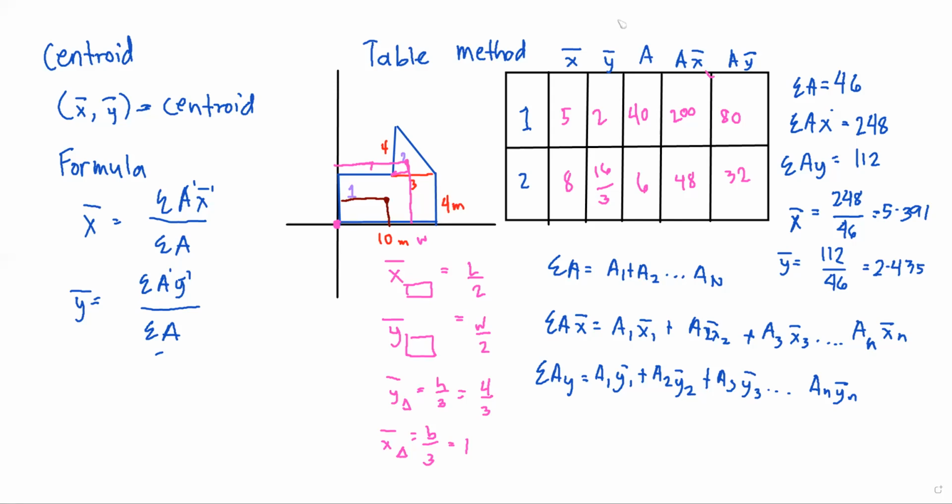Gamit tayo ng ibang kulay. Ito, green. So, kung 5.39, medyo lumiit lang siyang konti. Ayan lang siya. Tapos 2.435, taas lang siya konti. So, ayan yung centroid ngayon nung buong drawing natin. Okay? Yun ngayon yung centroid.